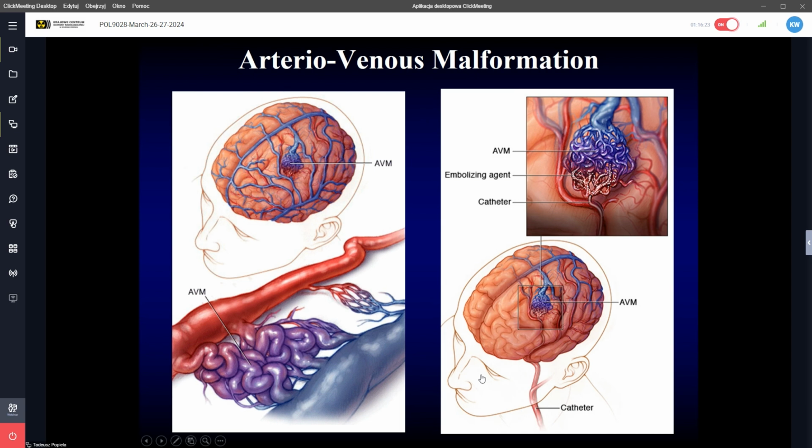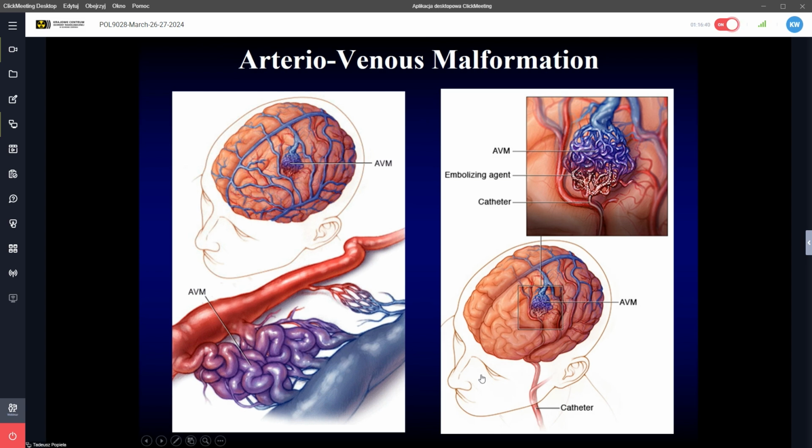So again, neurosurgeons don't want to operate on it because it's the brain. They must cut at the margin of the healthy vessels, which is not so easy. So again, the method of choice is intranidal embolization.